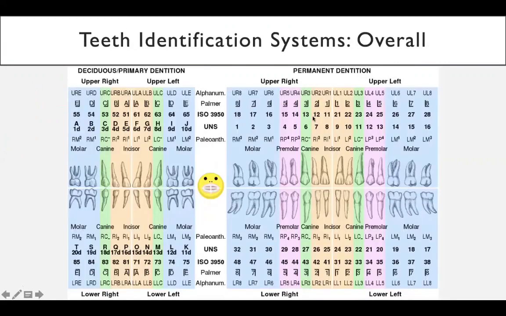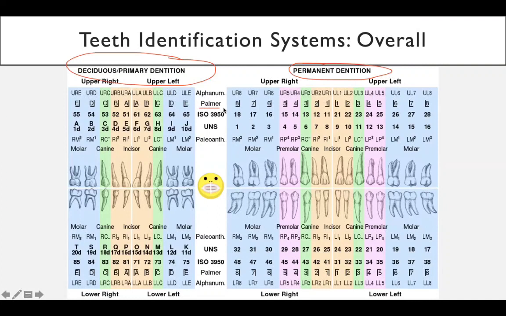Next, this is an overall review of the teeth identification systems. Here you can see the alphanumeric system, Palmer, ISO 3950, universal, and the paleo-anthropologist system. Here we just follow the Palmer system, as you can see, for the permanent teeth and the primary or deciduous teeth: upper right, upper left.